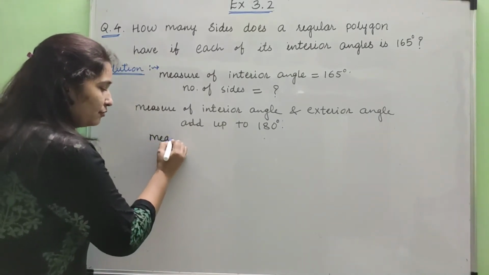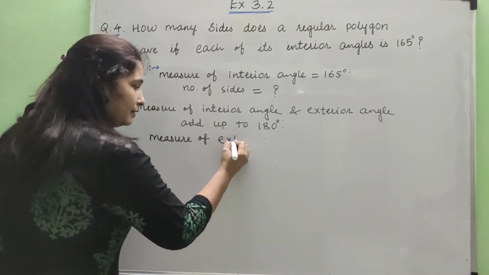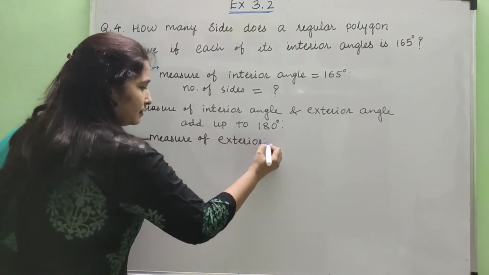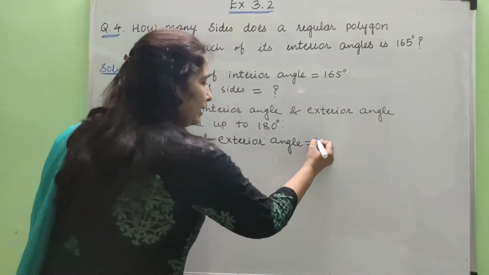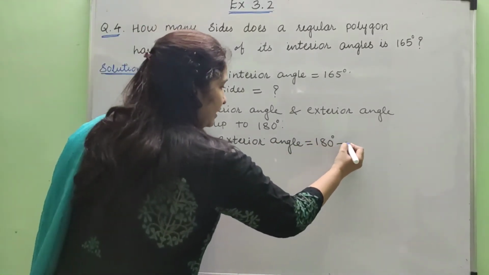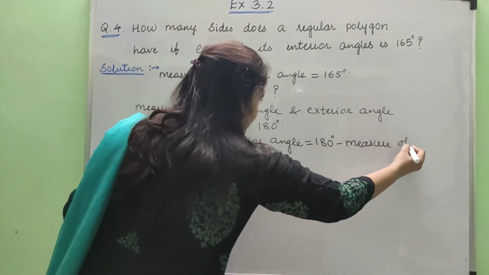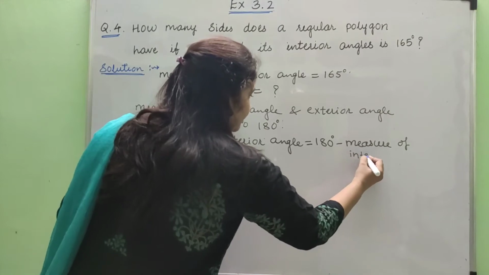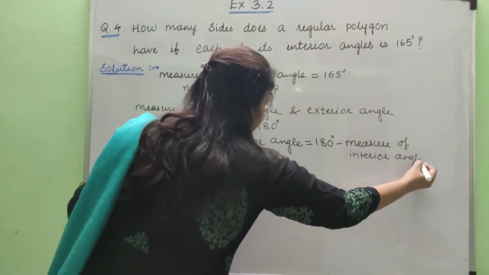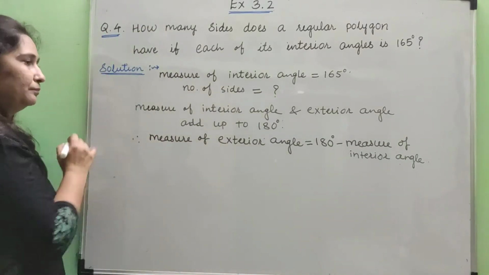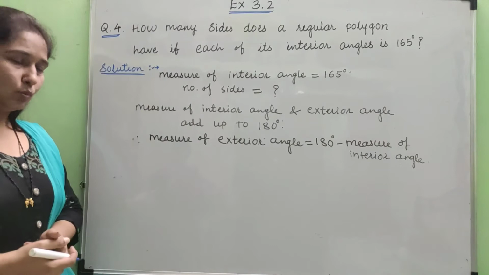So measure of exterior angle is equal to 180 degrees minus measure of interior angle. Right, the sum of exterior and interior angle is 180.